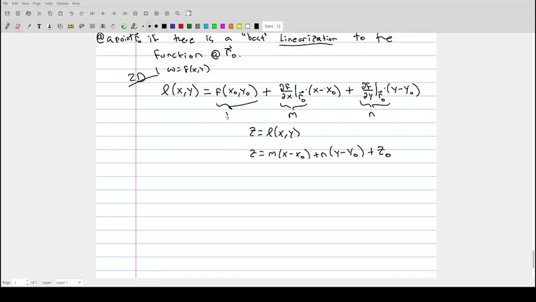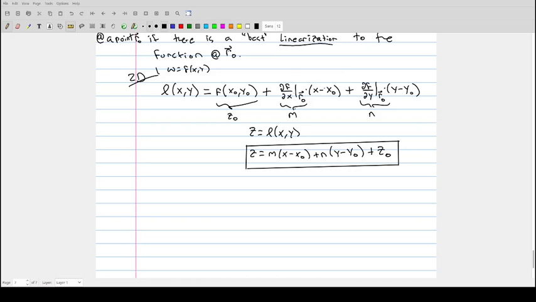I'm probably going to write z naught here because that's relating it to the function f. And this is the equation of a plane centered at the point x naught, y naught, z naught, or this plane is exactly the tangent plane if these partial derivatives exist.